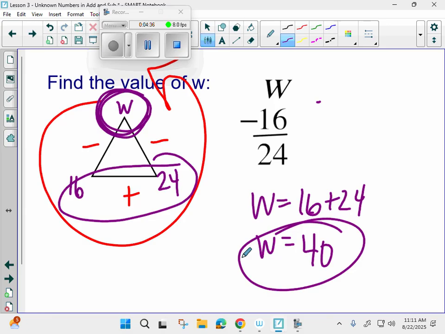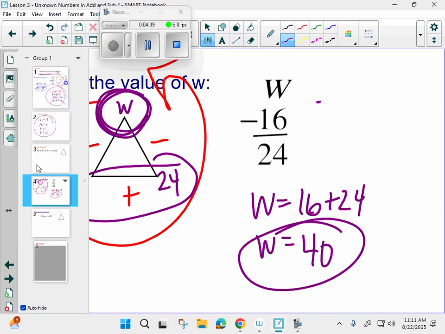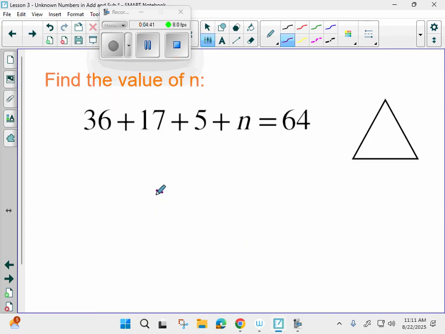All right. Now let's do one that has a couple extra numbers in it. Good times. Okay, write this down. 36 plus 17 plus 5 plus n equals 64. Now the problem set is going to say add first.